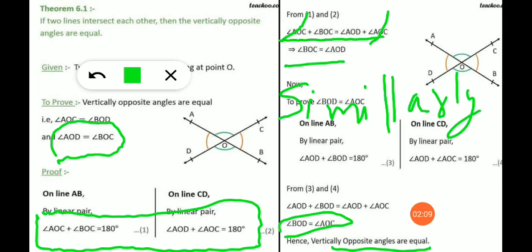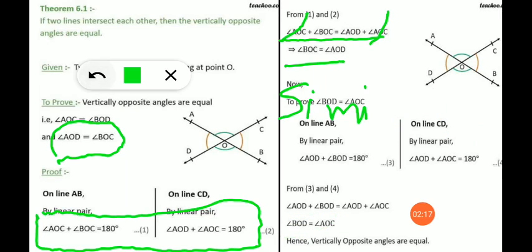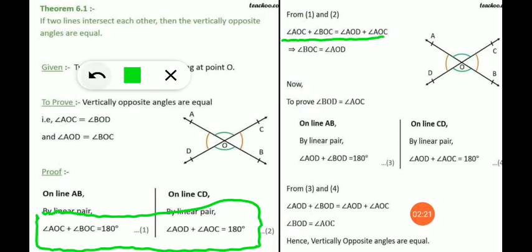Got it, students? Since we have to repeat the same steps, if you go through each step you will see that we are repeating the same thing. First we take line AB, then we take line CD. From there we get a set of equations, then we equate both equations together, and after that we get the result.